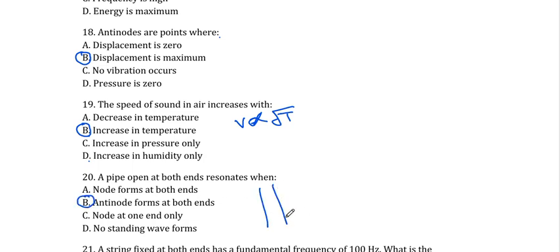Whenever you have an open pipe, meaning a pipe that is open at both ends, open here and also open here, it always starts and ends with an antinode. This is an antinode, this is an antinode. Where they meet is called a node. So this is a node.